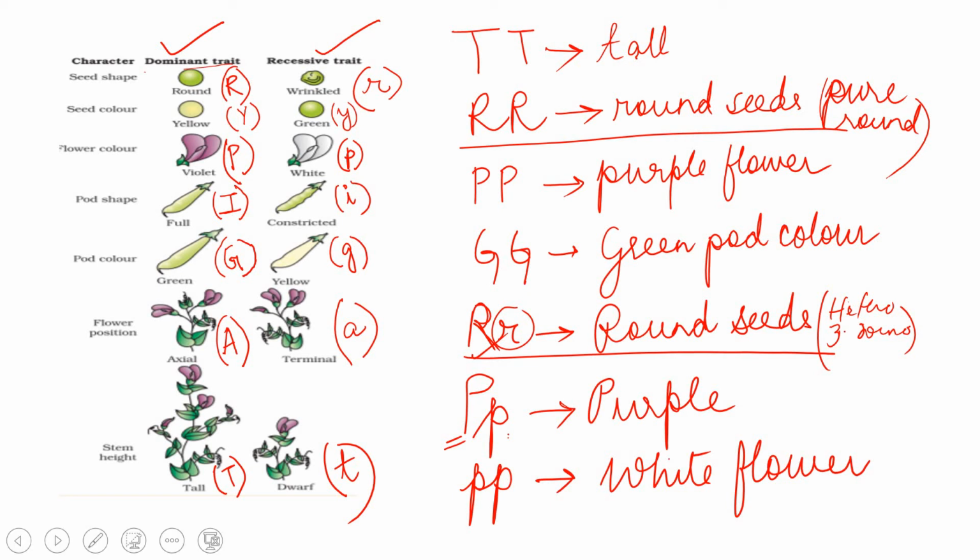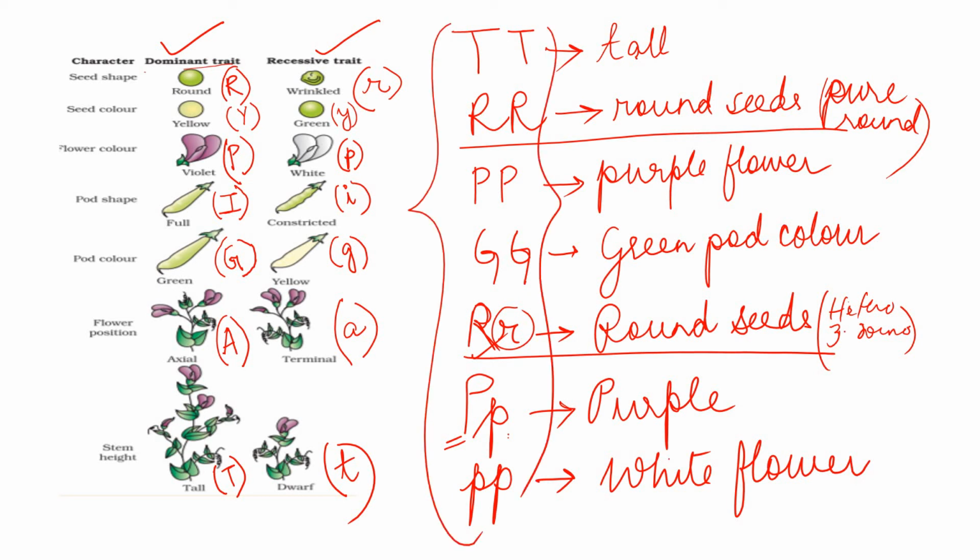I think all these examples are enough to make you understand how you are going to write the phenotype of any plant if you are given such genotypes.